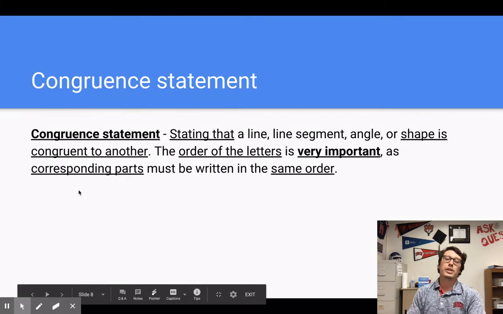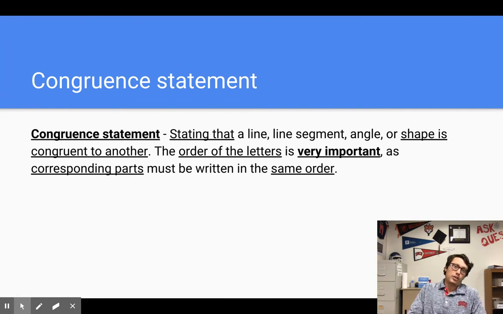Okay, when we say that things are congruent to each other, we use what's called a congruent statement, right? A congruent statement is stating that a line segment, an angle, or whatever we're talking about, or an entire shape is congruent to another. However, the order of the letters is very important, as corresponding parts must be written in the same order. So take a look.